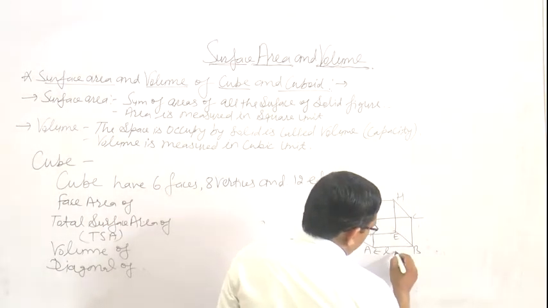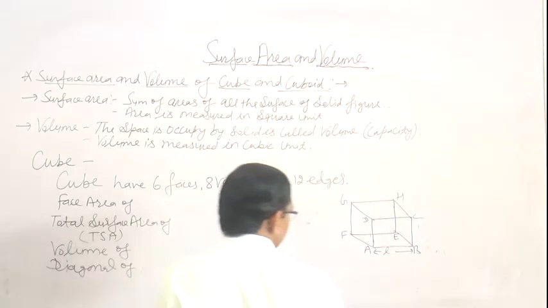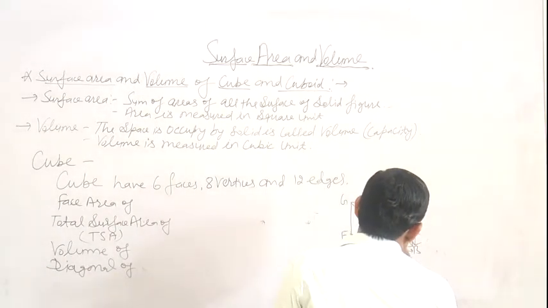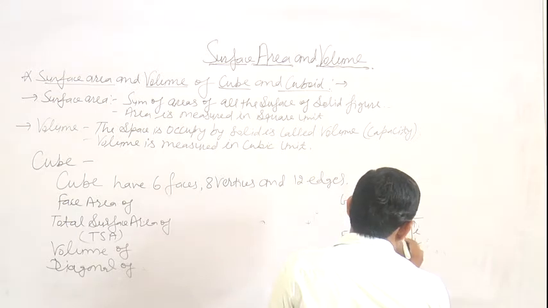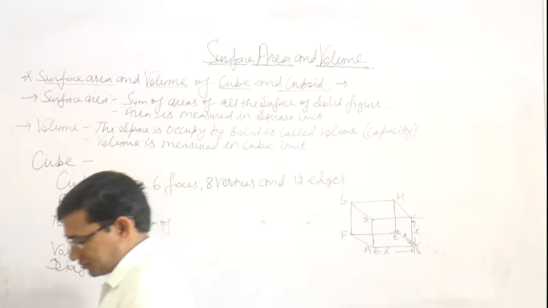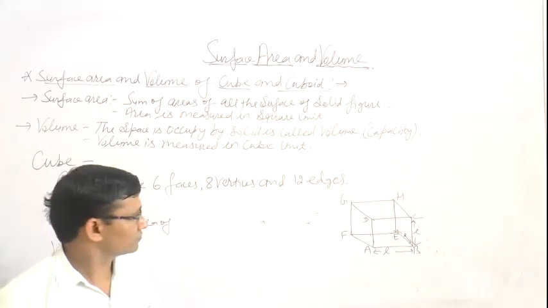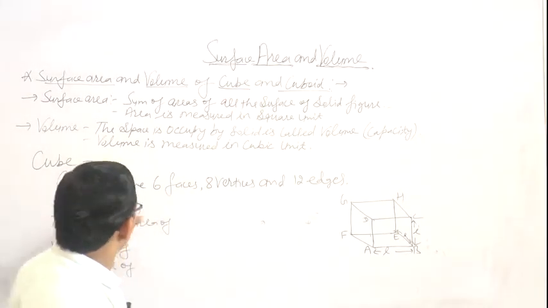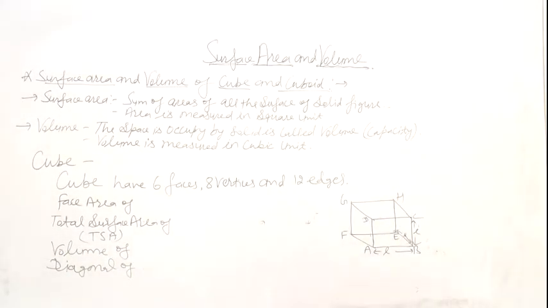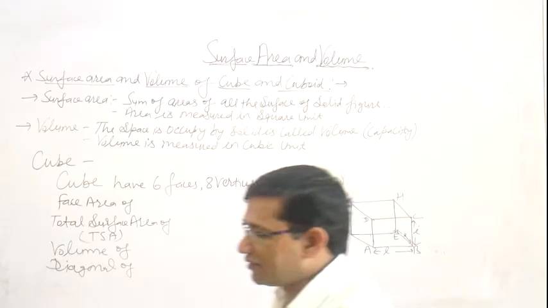AB is L. So BC is also L and EB is also L. Cube has 6 faces, 8 vertex and 12 edges. What is the difference between cube and cuboid?